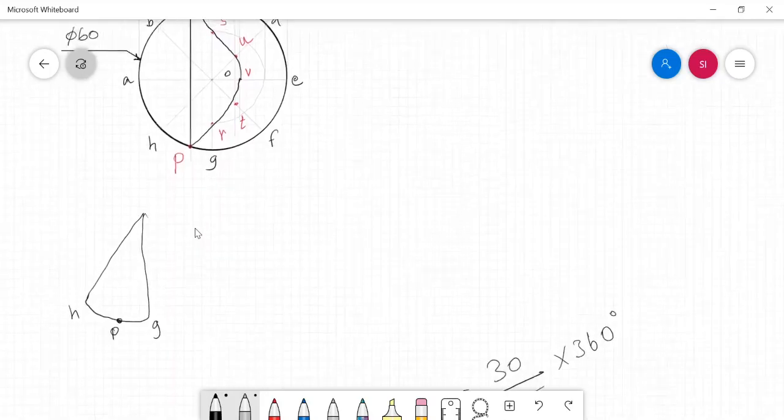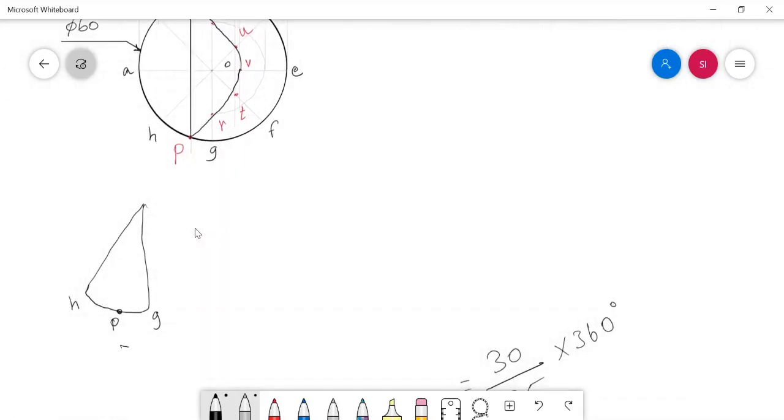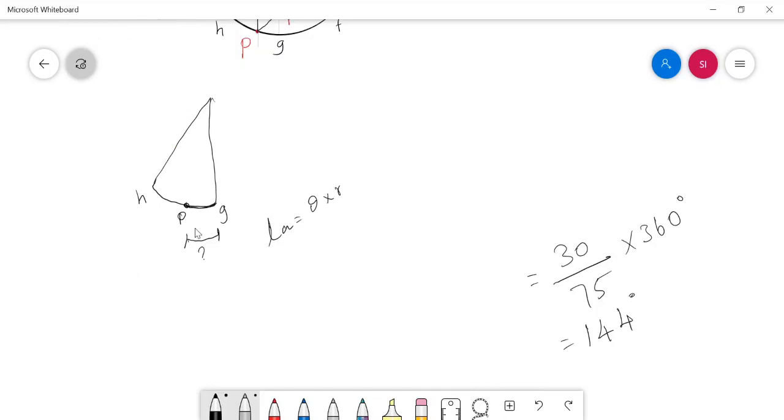I need to find out the distance between point G and point P, the linear distance. But it is an arc. It is an arc, but I want to know the linear distance between these two. For that, I need to do a task: the arc length LA will be equal to theta into R. Here, first I need to find out the angle theta.